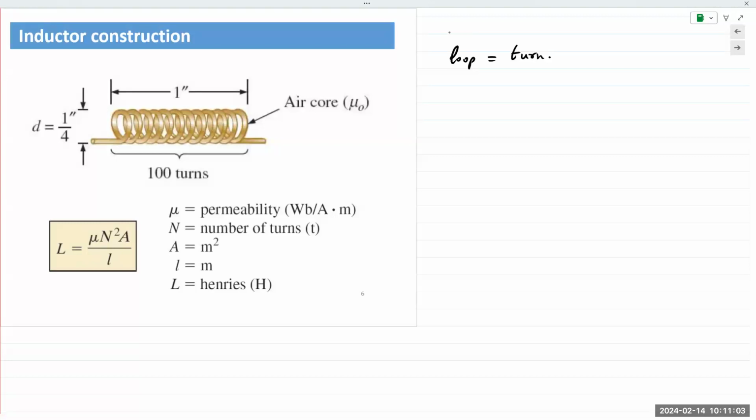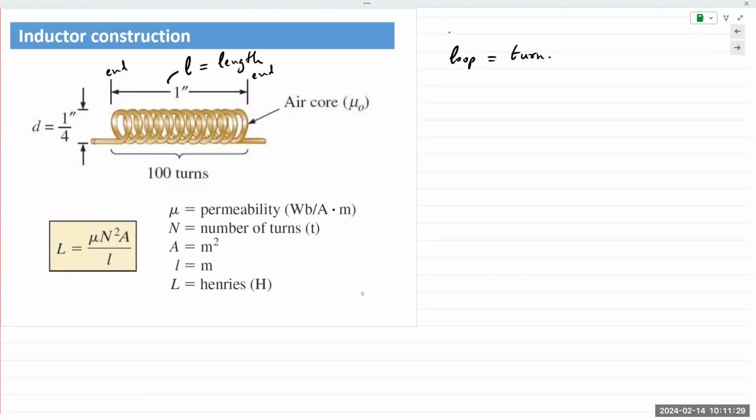So the equation is given by L = mu n squared A over l. The uppercase L stands for the inductor value. The lowercase l is the length of the coil from end to end.